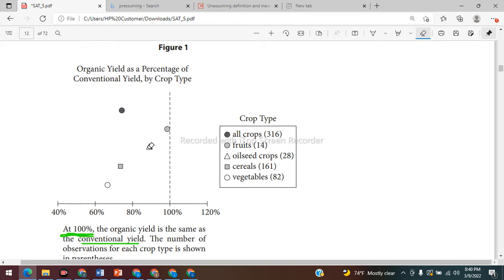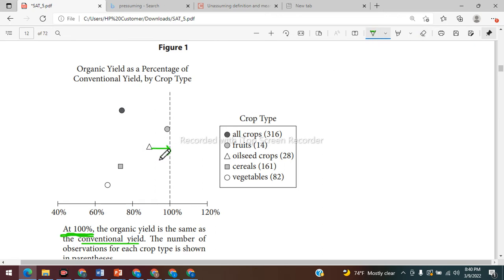Now, the further away you get from that line, right, the greater the yield for the conventional versus the organic. So if we look at oilseed crops, they don't produce as much on organic farming as the conventional because we see that there's a distance, right?